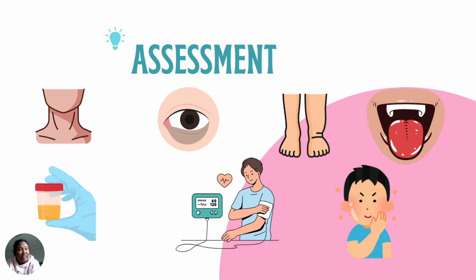But in the objective data, a couple of things that you can observe are neck vein distension, which is especially relevant in cardiac failures. You can also look for sunken eyes, which is more relevant in dehydration, and any swelling or edema in the body.